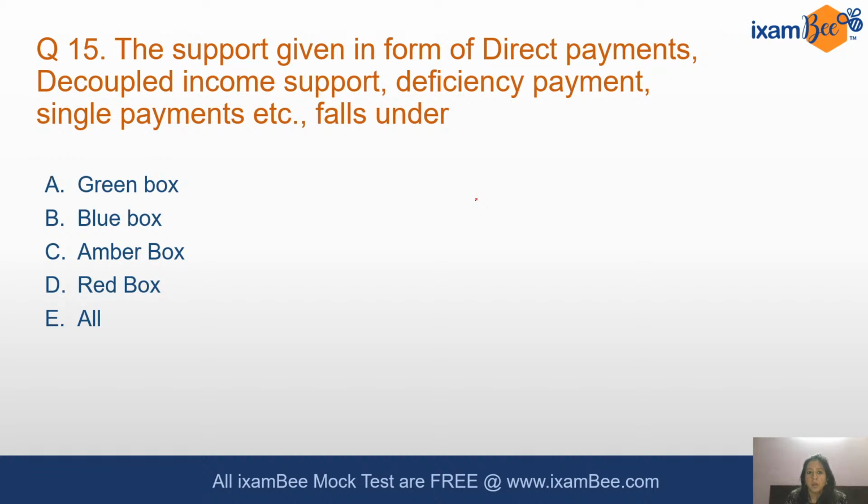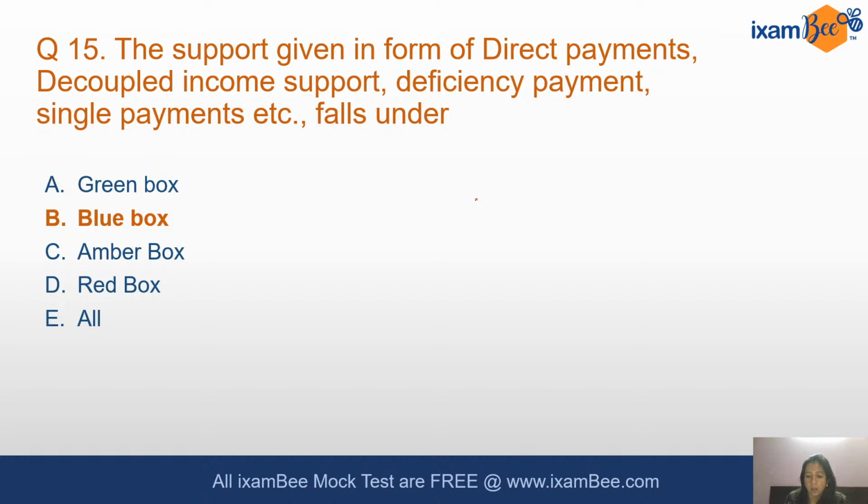Okay, so the answer for this question is, yes, Sainath, it's B, the blue box. When we talk of green box, it is mostly related to the subsidies that are confined to research and development and others. Okay, so production based subsidies and all that comes under the green box. When we talk about direct payments, those subsidies come under the blue box.